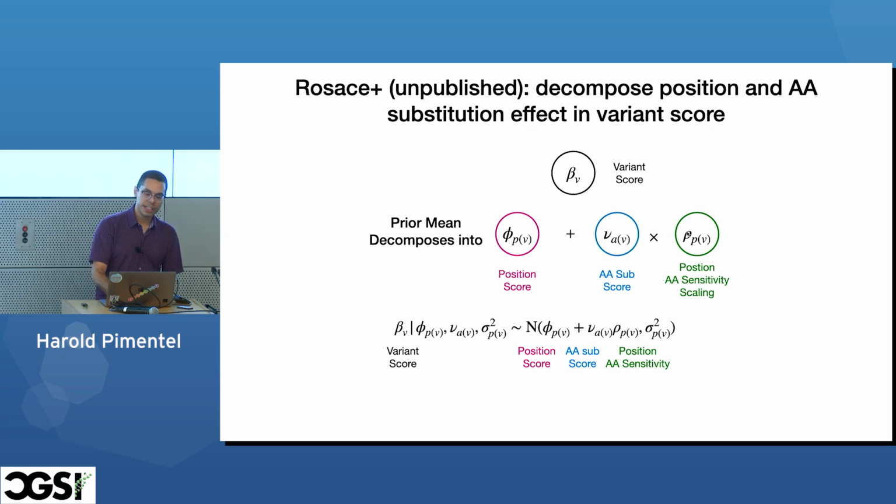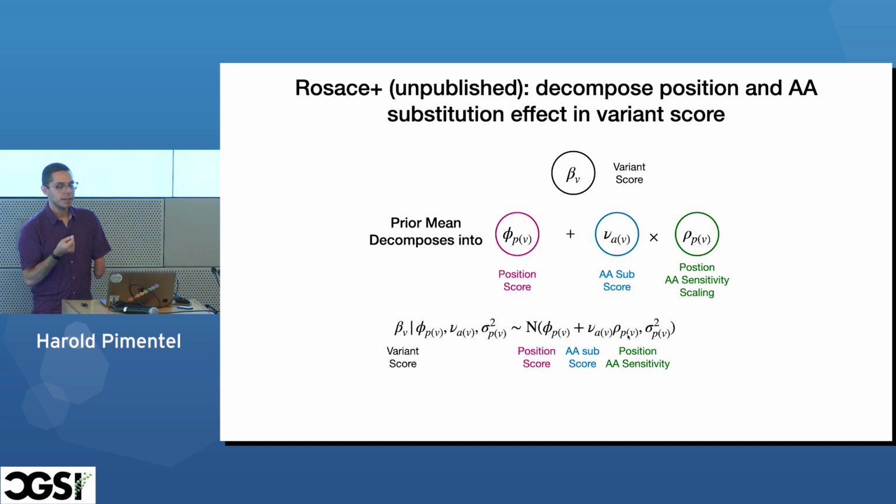The more interesting thing here, at least to me, is that now you have two different new parameters that are telling you something about the position, that are effectively reweighing themselves. So we have something that's my position score, and also how much sensitivity to the amino acid substitutions I have.